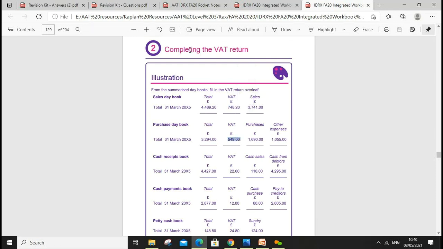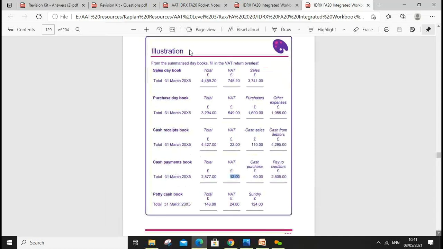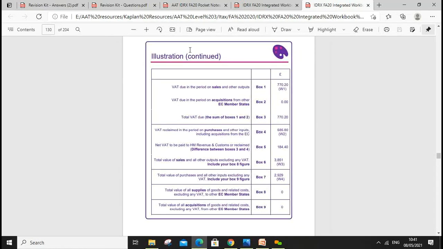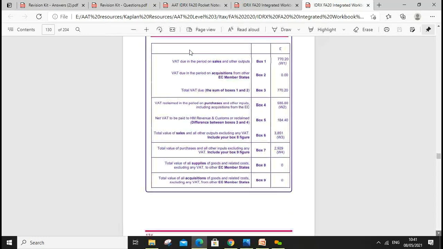And which box will this go in? That's the input VAT, which is the refund. Cash receipts, and if you paid any payments, petty cash expenses you paid. You will see all the workings we can do for the control account and the VAT workings. We don't have any EU in this one.